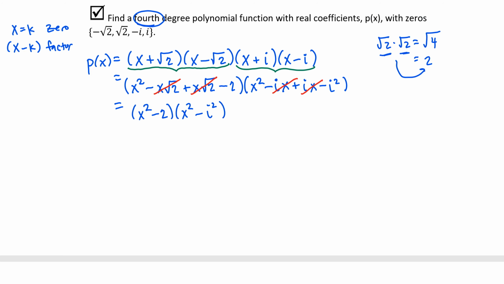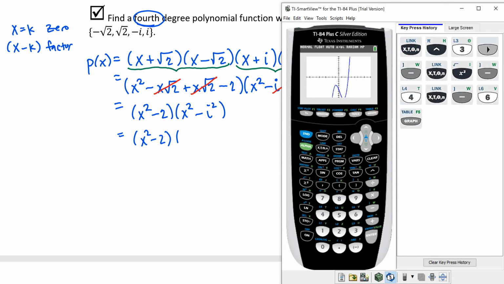Now remember, i squared represents negative 1. So I'm going to replace that i squared with negative 1. Remember, i represents the square root of negative 1, so i squared is negative 1. Don't forget also, you do have an i on your calculator.